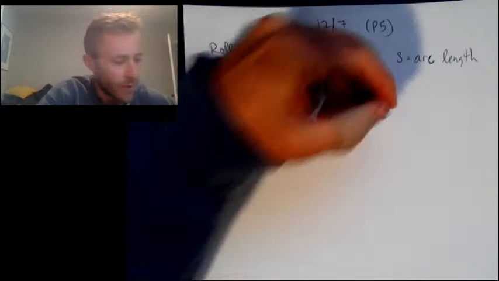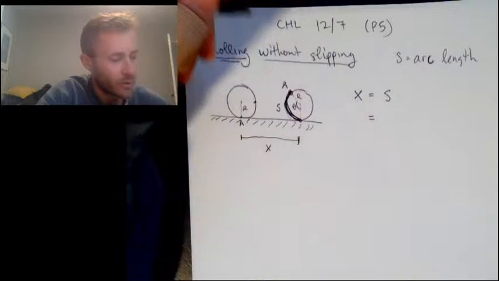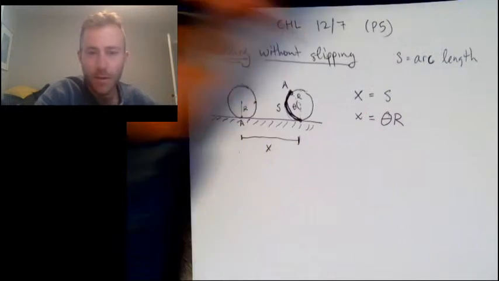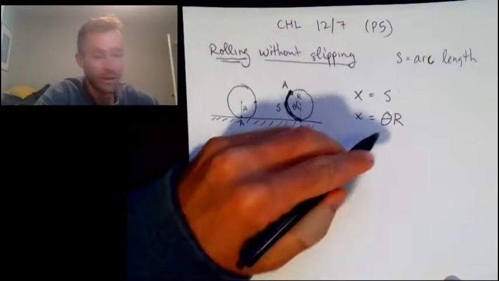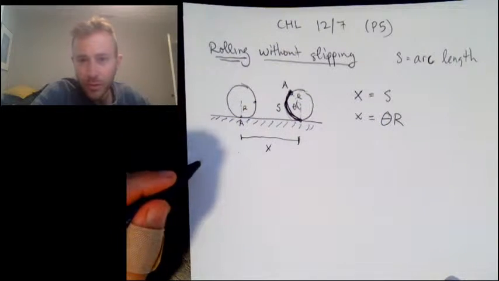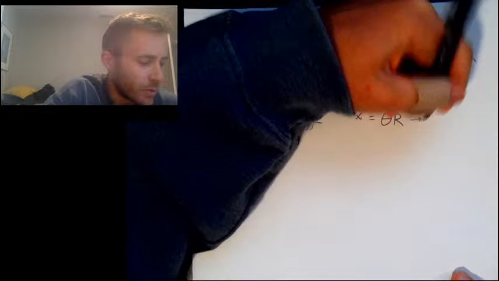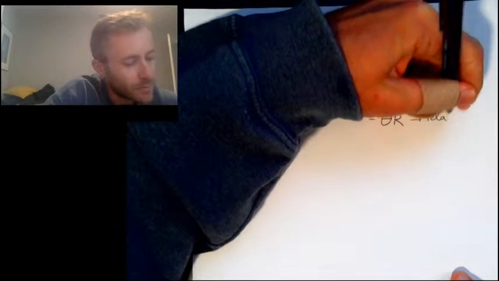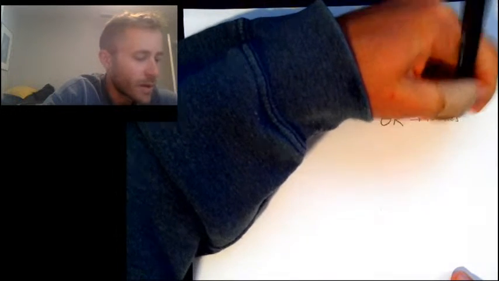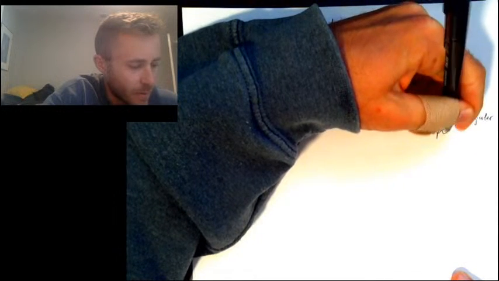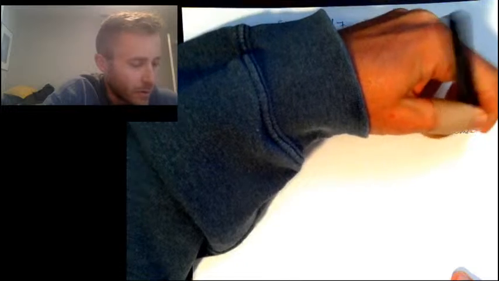So then we would use the fact that arc length in a circle is theta times r. So that distance is related to the angle. Basically what this equation does is it relates angular displacement to linear displacement.